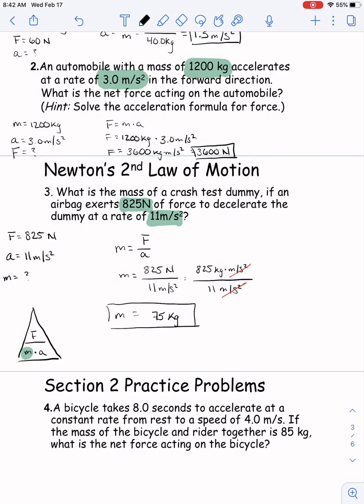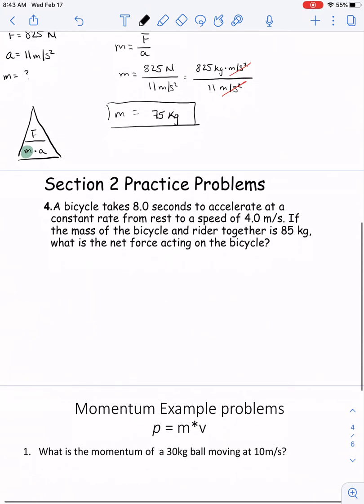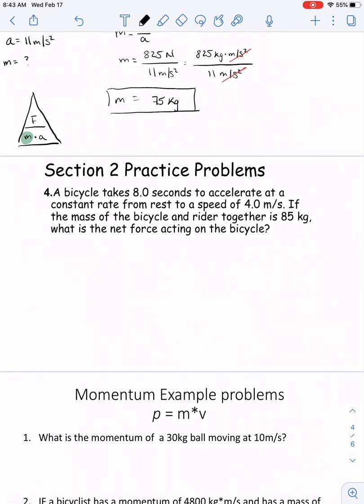So the first three example problems were all examples just using F equals m times a. But here, the second section, or this last problem on force equals mass times acceleration, we have a bicyclist that takes 8 seconds.